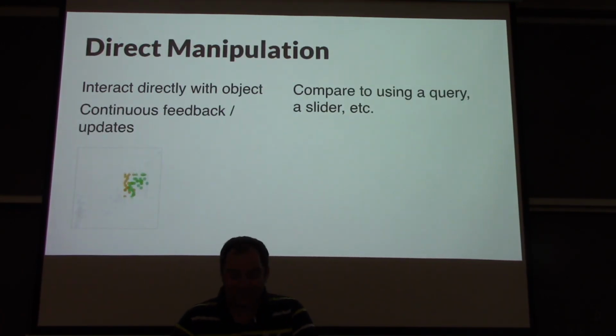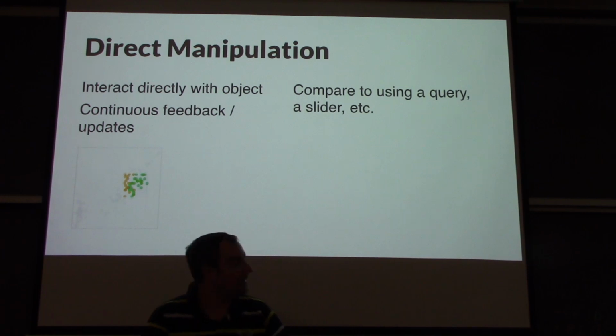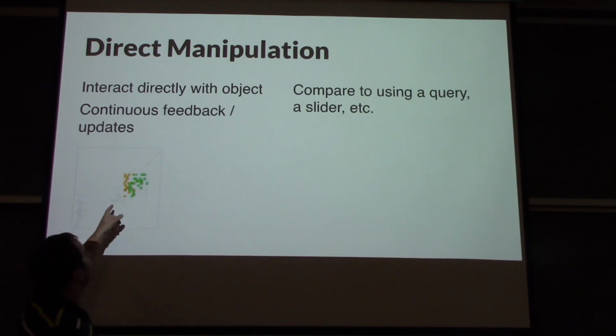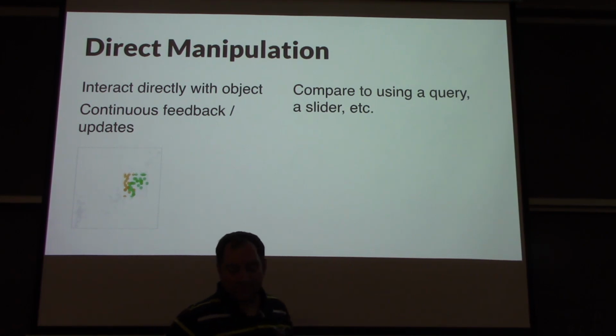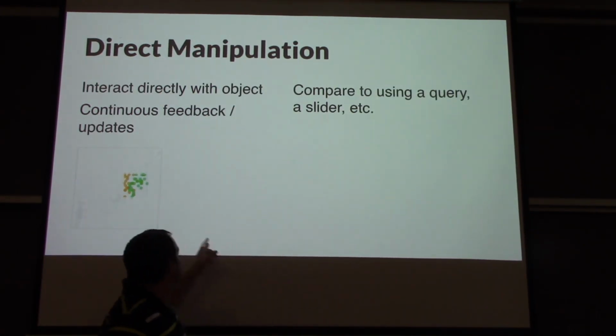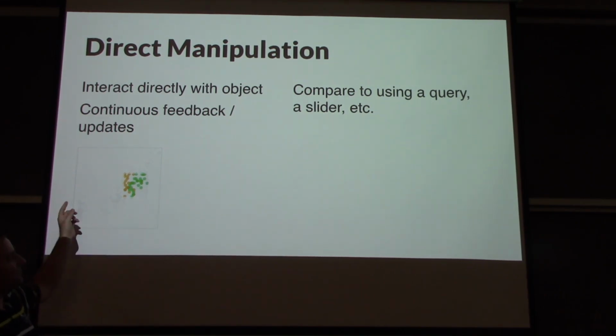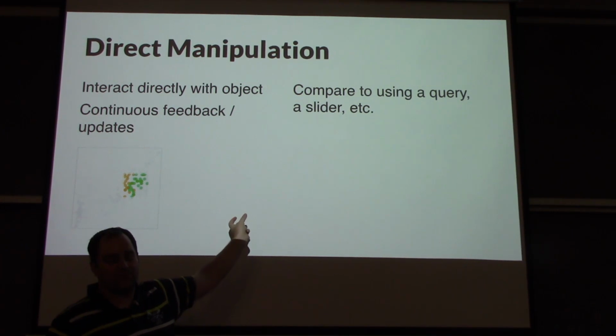And so here's this example that I showed today of direct manipulation, where I directly select in the data space with a rectangle the items that I care about. This is compared to using a query or a slider or something else. I could also have a slider here for dimension x and dimension y and specify this is the range that I want for x, this is the range that I want for y.